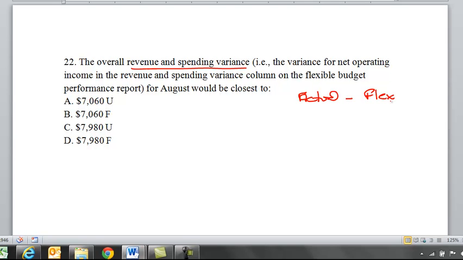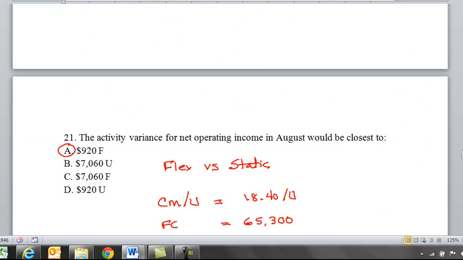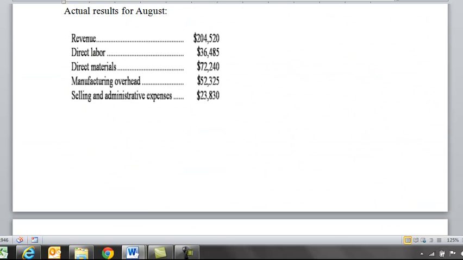So here, with the information we've received before, we know our actual results. We can go up here to the given information, 204,520.